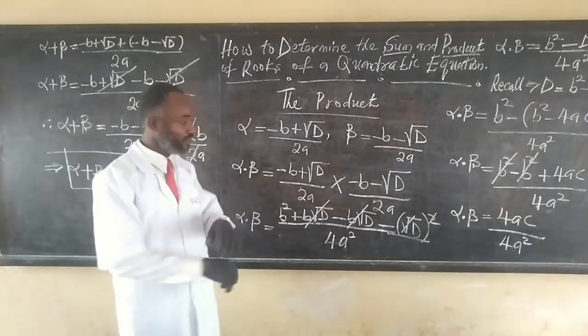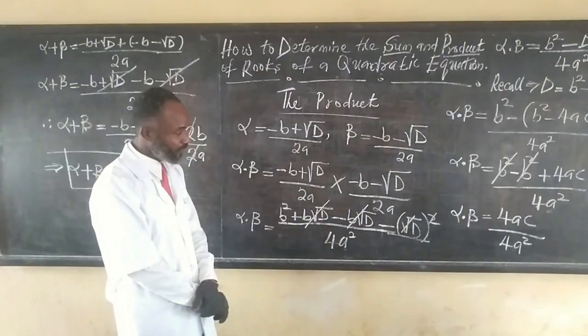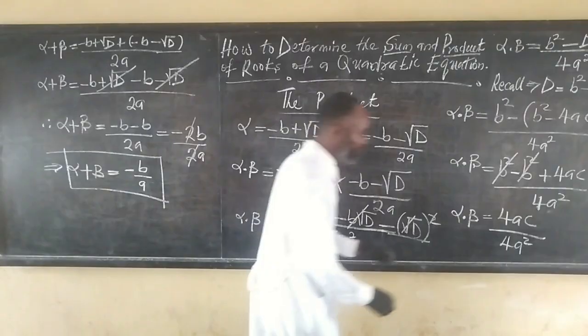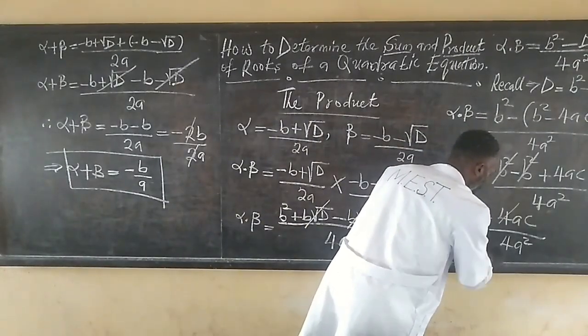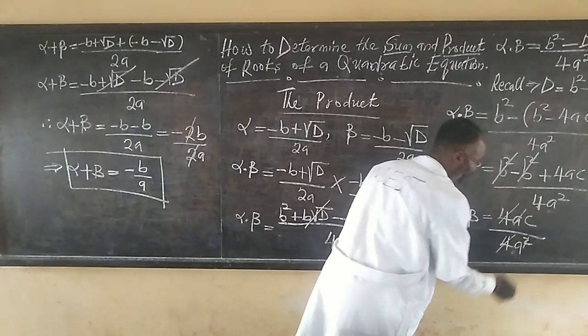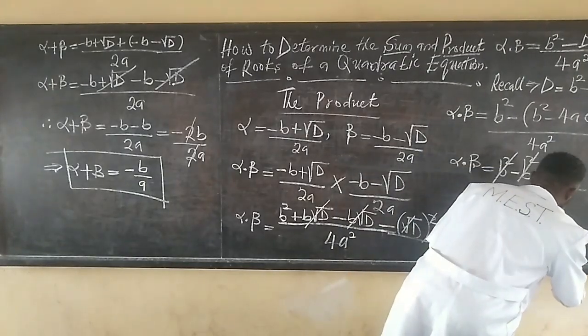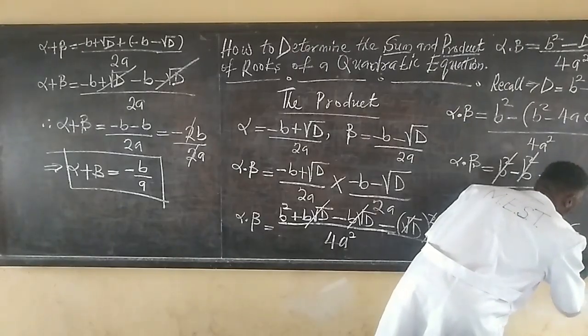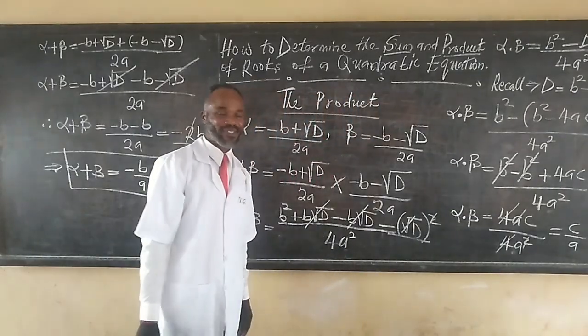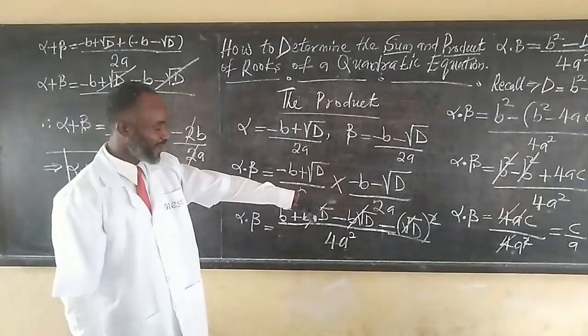We already know what will cancel what. The 4 cancels the 4, and the a squared lowers to a. So we have equal to c all over a. That is it.